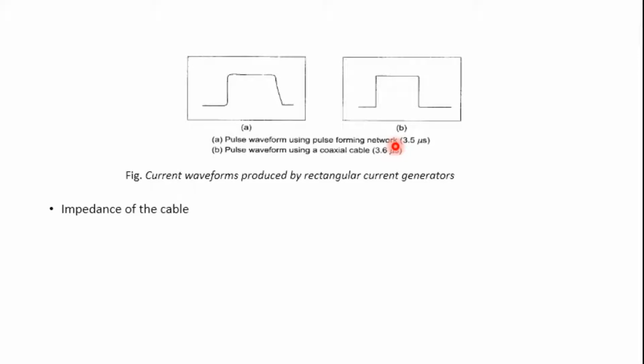To produce the rectangular pulse, a coaxial cable has an impedance Z0 equal to root of L0 by C0, where L0 and C0 are the inductance and capacitance per unit length.